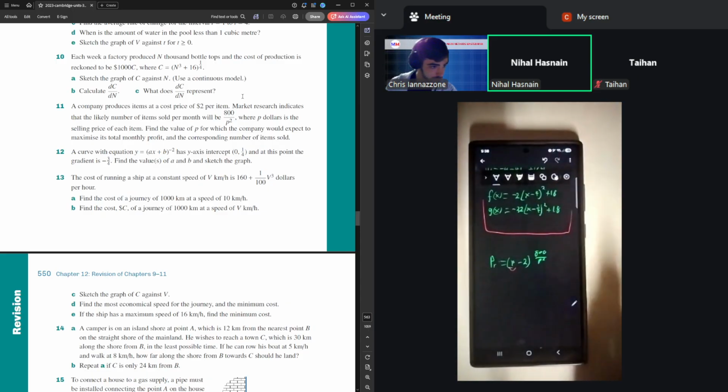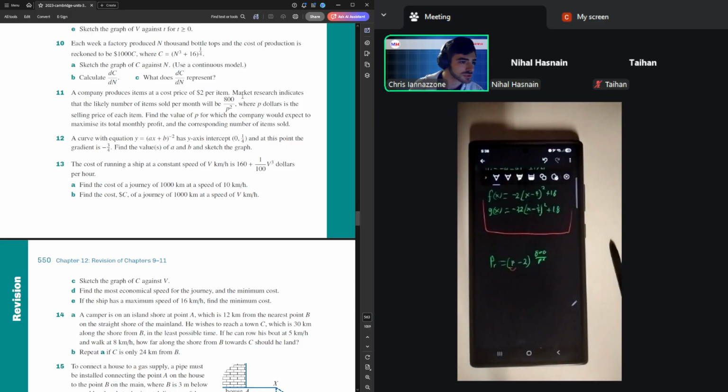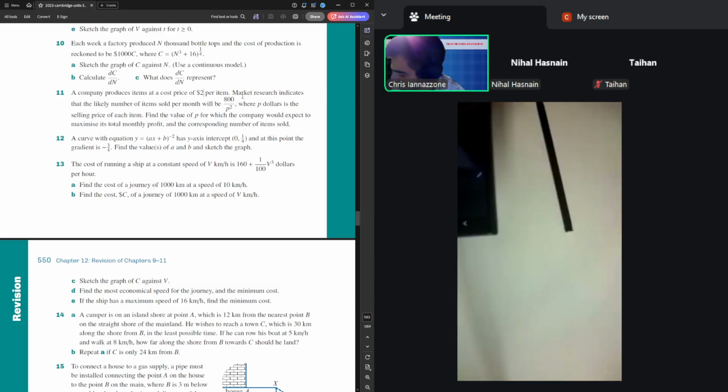You can expand that through or whatever, but as soon as you have your equation, all you're going to do is whatever you need to in order to get the maximal monthly profit here. So you can graph, you can Fmax, there's a lot of different ways you can go from there.